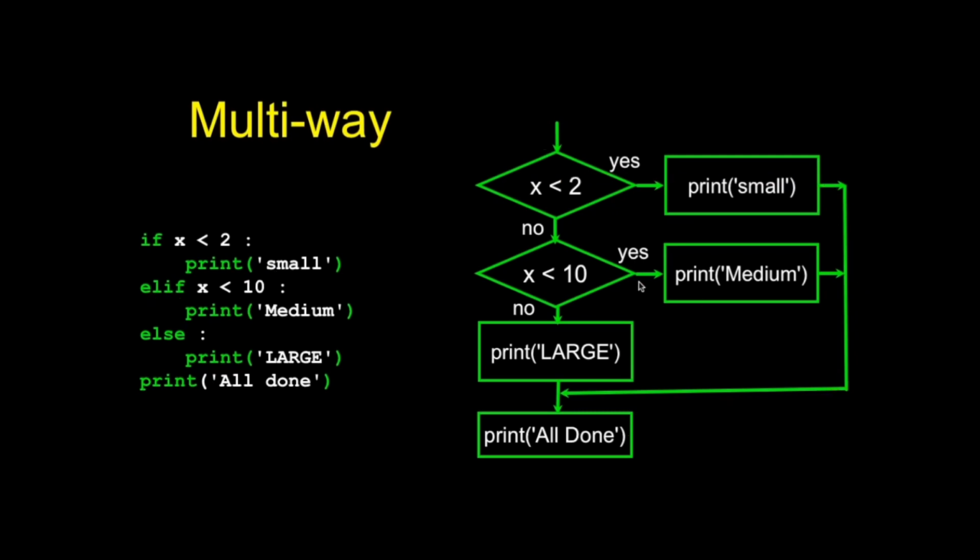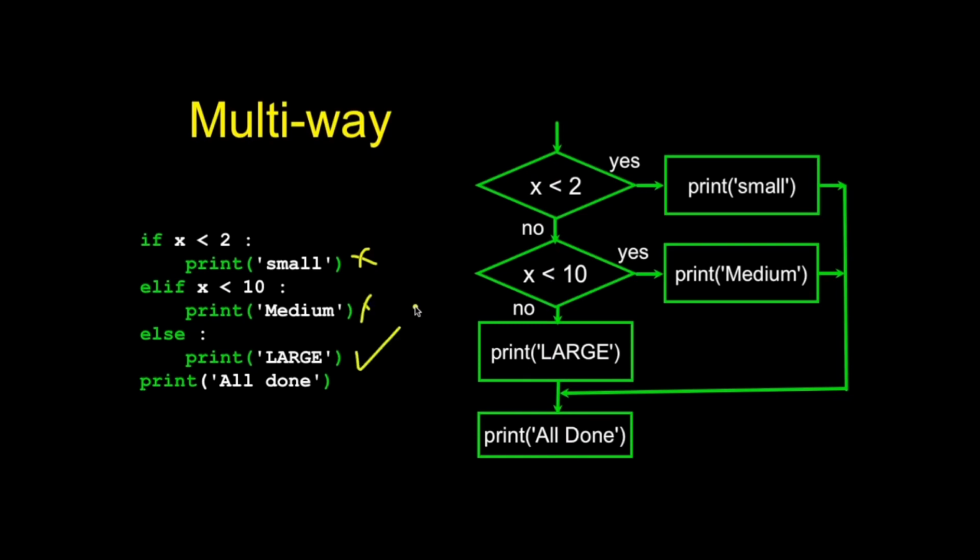If the first one is false and the second one is true, it runs this one and it's done. And if neither of them is true, it falls through and there's an else clause that is otherwise, and it runs that. So basically it's either going to run one and then skip the other two, or it is going to skip one, skip two, and then run this one. But it only runs one of them in this case.